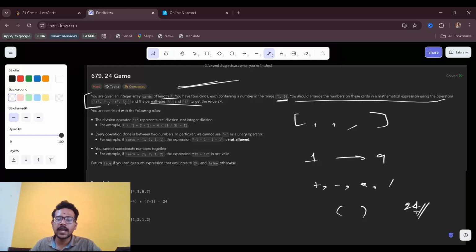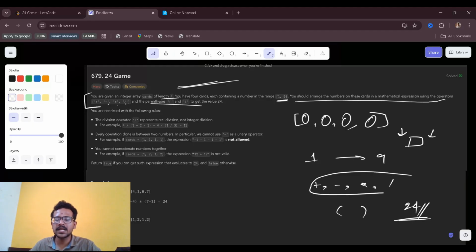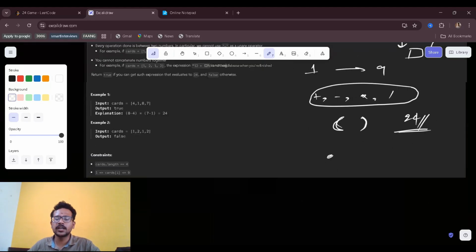So if we can get 24 using only these 4 cards, placing operators like plus, minus, multiplication and division in between, and also placing parentheses, can we build an expression which evaluates to 24?